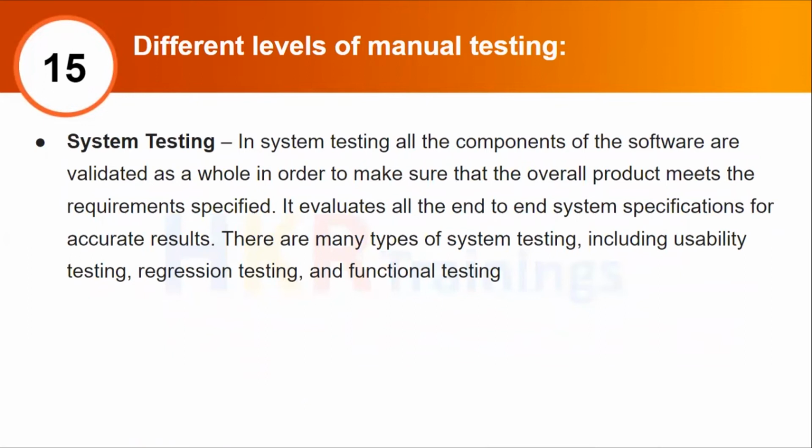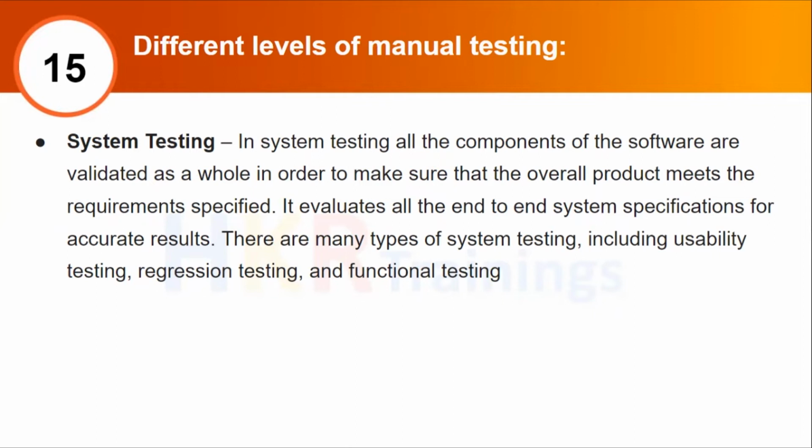Next is system testing. In system testing, all the components of the software are validated. It evaluates all end-to-end system specifications for accurate results. For example, system testing includes load testing, performance testing, and security testing. For example, we test if thousands of users are able to log into the application at the same time, and whether the application is able to handle it.